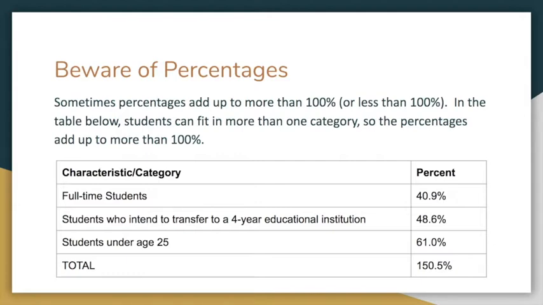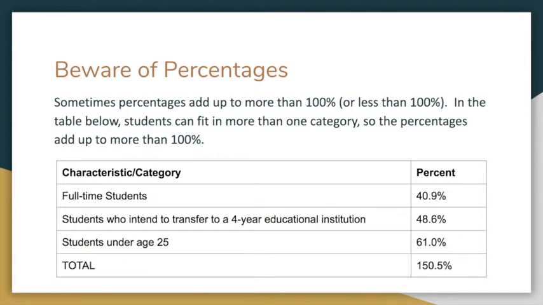Because they're not mutually exclusive. If you had students under age 25 and students over age 25 and you added those two together, that should give you 100%. But here we have three different questions basically that are being asked, and so if we add these percentages up, we get something greater than 100%.